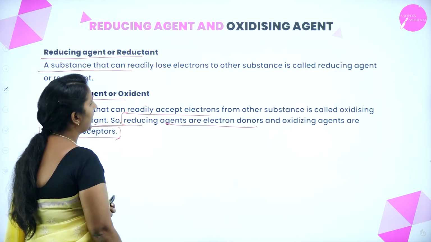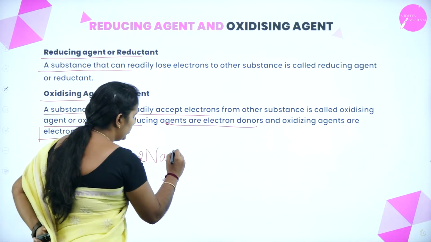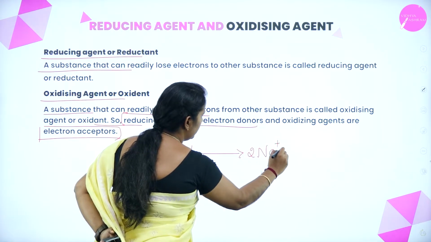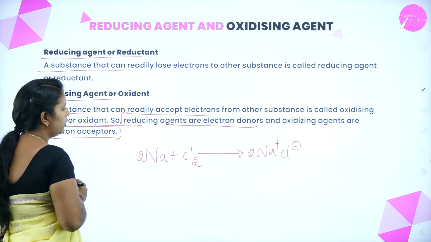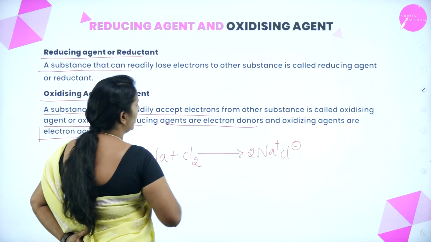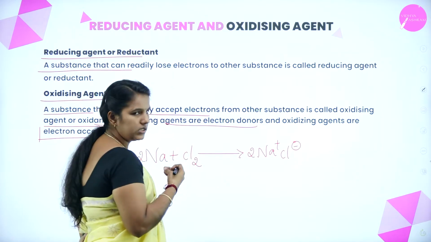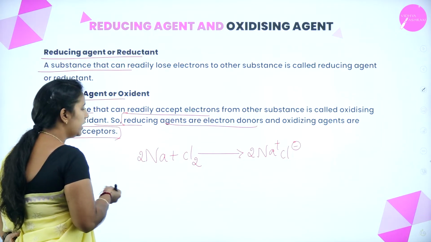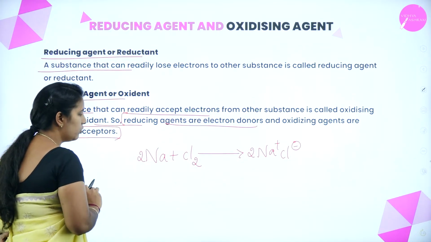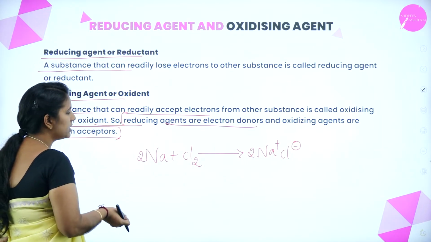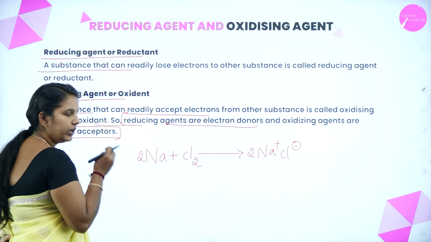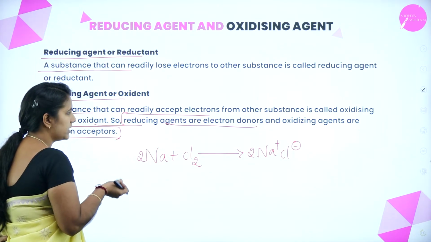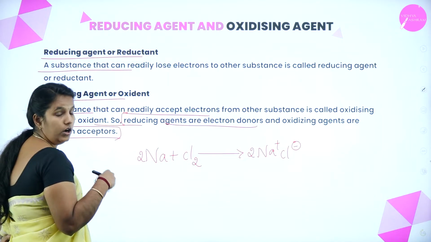So, I can take the example of sodium which reacts with chlorine and forms sodium chloride. Here, we know that reducing agents are the electron donors. Is it right? Reducing agents are the electron donors. In the case of sodium chloride, which one is a reducing agent? We know that the chlorine is a reducing agent, but in the case of the reducing agent and the oxidizing agent, which is known as the electron donor?